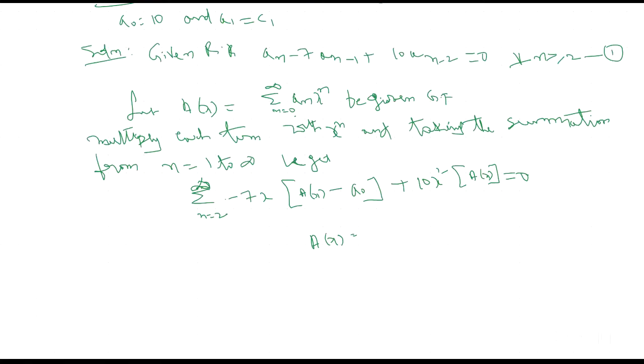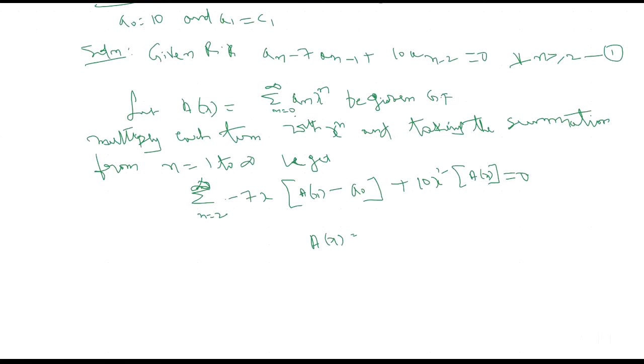C1 and C2 are arbitrary constants, so partial fractions give 2 to the power of n and 5 to the power of n.